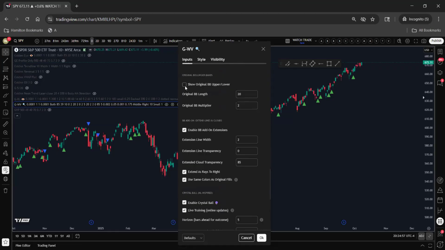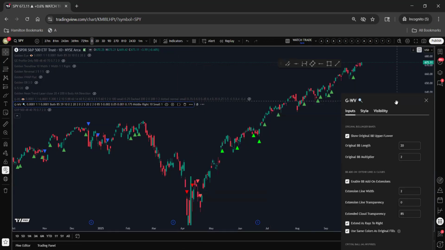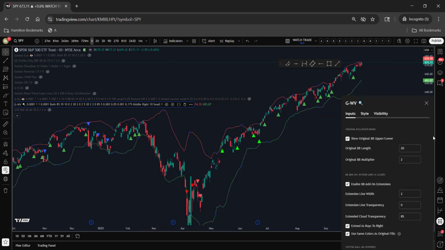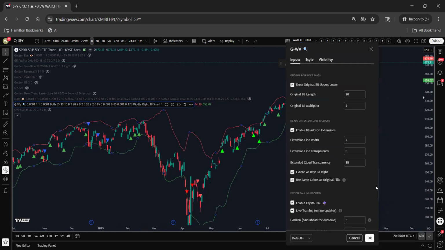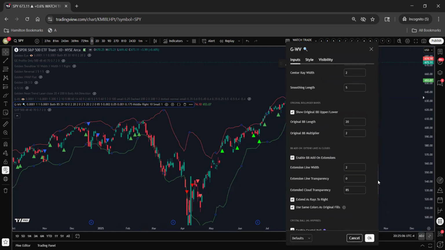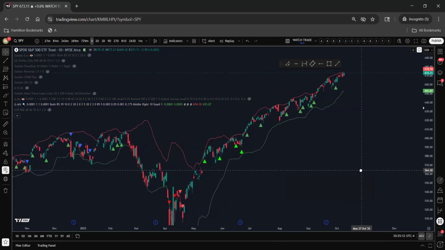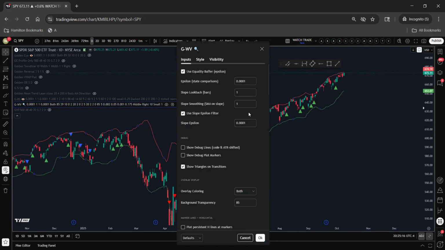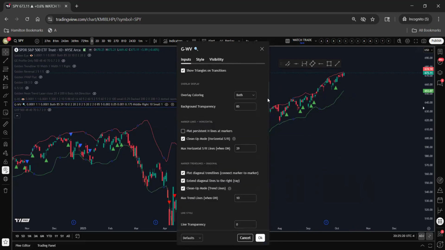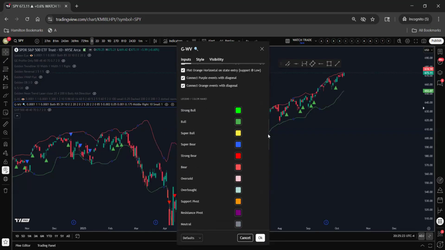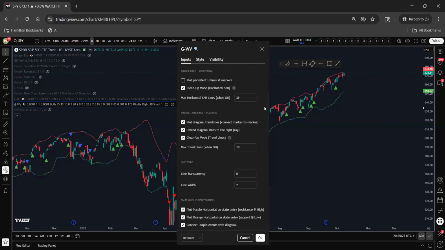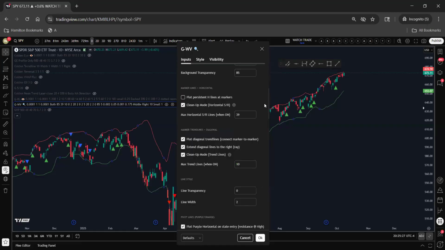Here we go. Show original Bollinger Band upper and lower. And let's turn on extend true Bollinger Band centers. So this is the original Bollinger Band. I've included this on the chart, so you don't need to add that indicator. That's one less indicator for you.